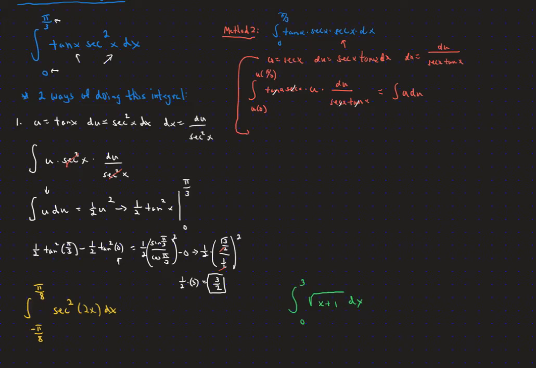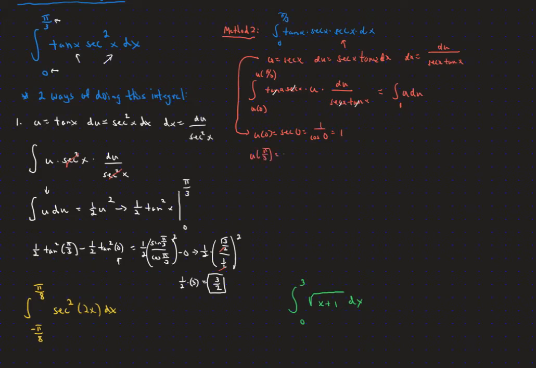So since our u is secant x, u of 0 means secant of 0, and secant of 0 is 1 over cosine of 0, and cosine of 0 is 1, so that makes our lower limit 1. See how that worked? And the upper limit is going to be u of pi over 3.